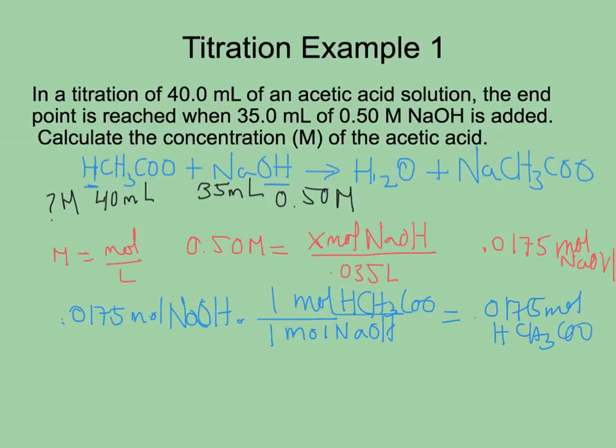The question was, what is the molarity of the acetic acid? So next I'm going to say molarity is moles per volume again, moles per liter. So if I want the molarity of the acetic acid, I know that it's 0.0175 moles divided by my volume, which is 40 milliliters of acid.